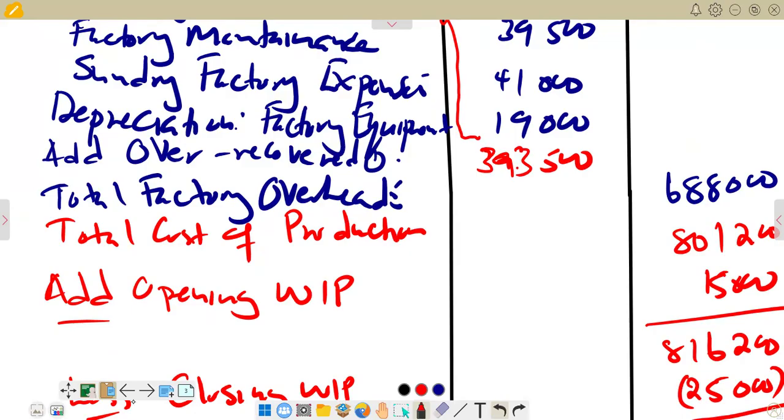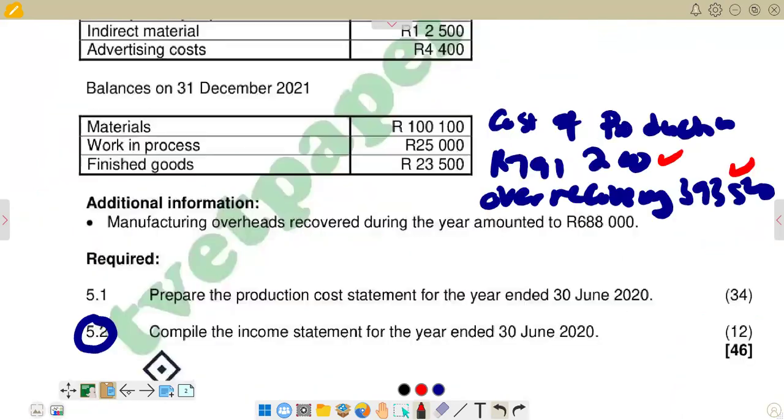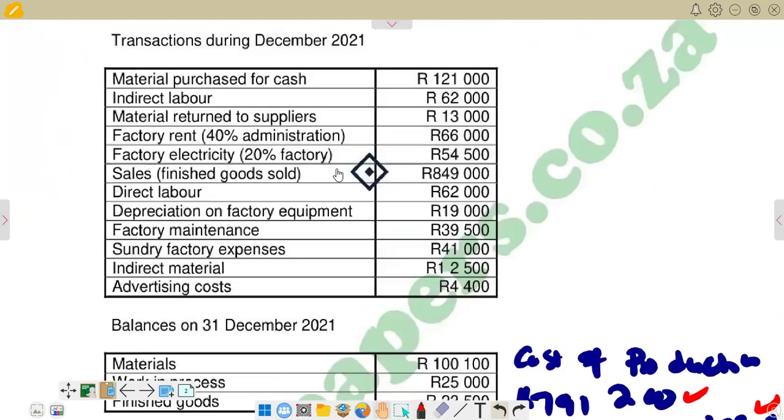Now I will go back to the question to check the figure for sales. You see the figure for sales is given here, which is 849,000. So we are just going to put it as such. We can go to our answer section.